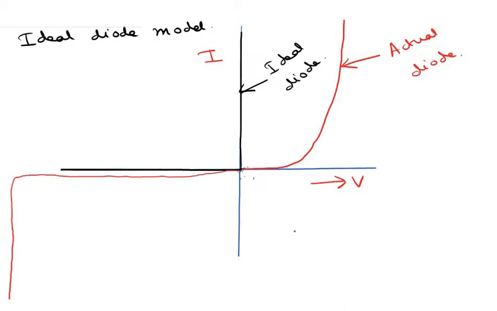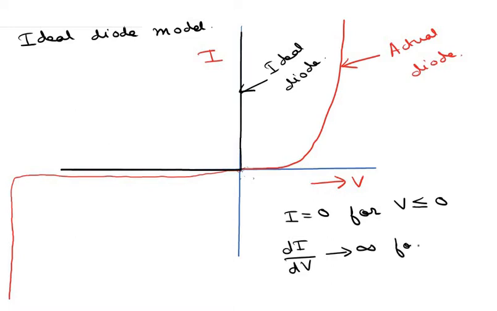So this model basically states that I equals 0 for V less than or equal to 0, and dI/dV tends to infinity for V greater than 0.